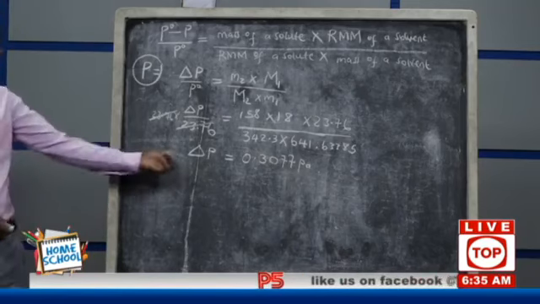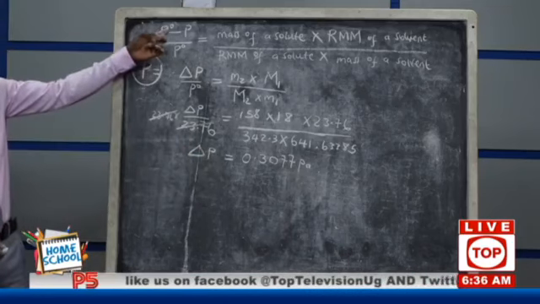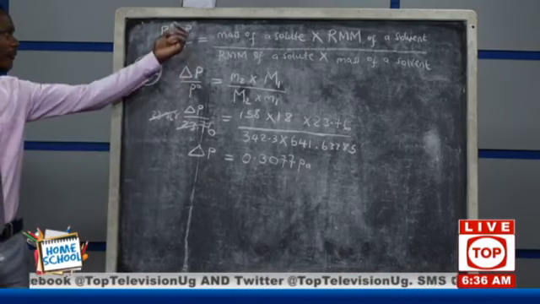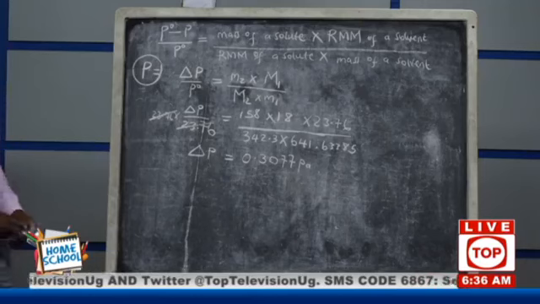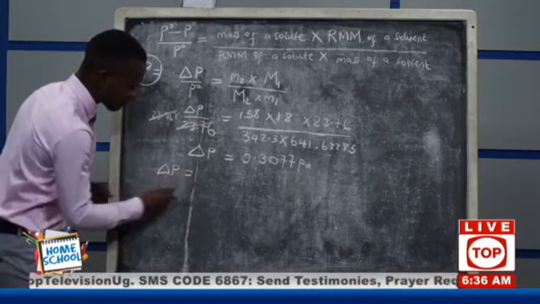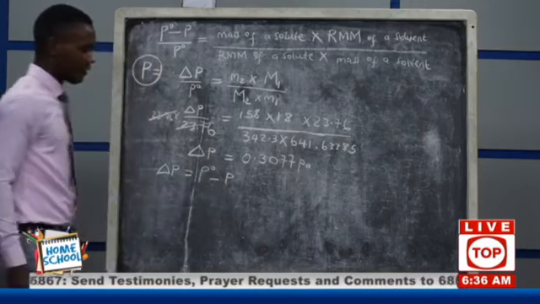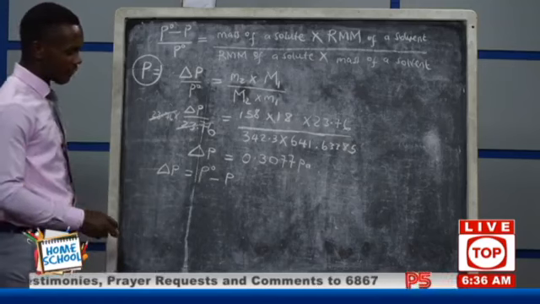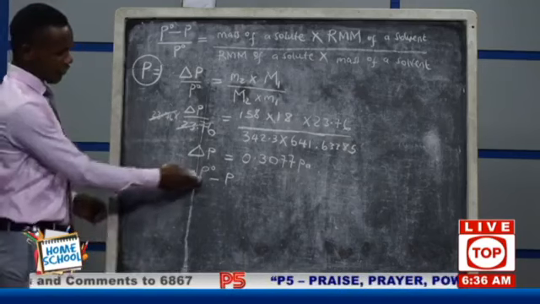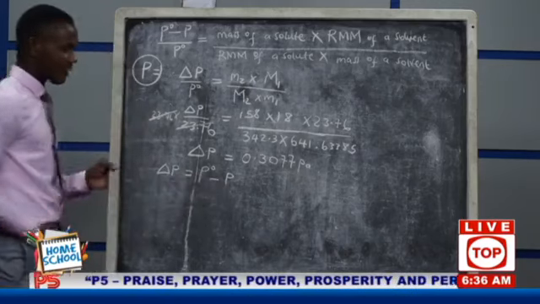Okay? So once we have the change in pressure, we have the vapor pressure of the pure solvent, so we can get the vapor pressure of the solution. So here we come and say change in pressure will be equal to pressure of the pure solvent minus the vapor pressure of the solution. So here we make this one the subject of the formula.